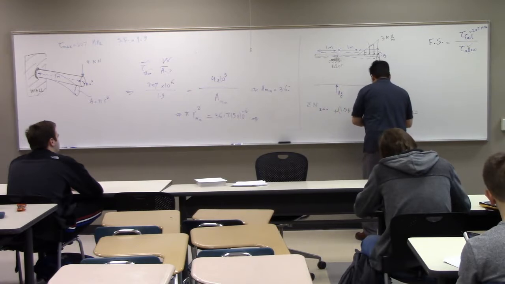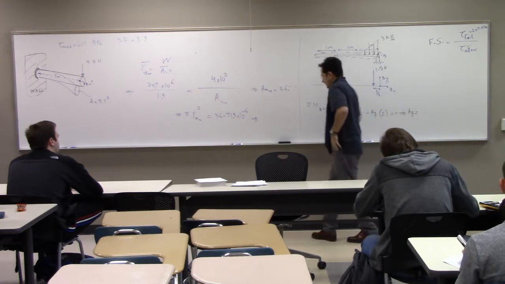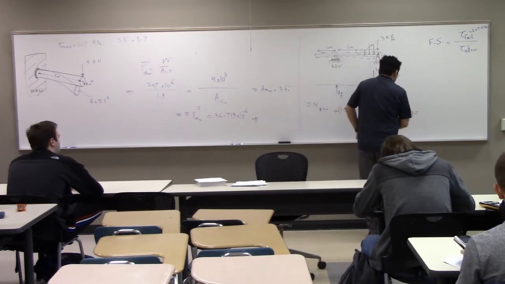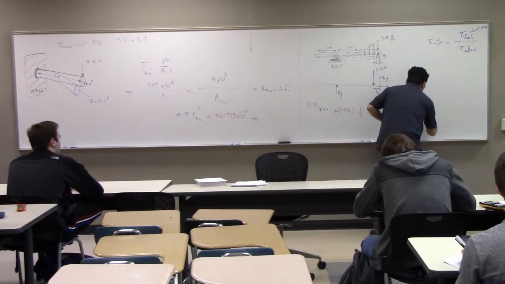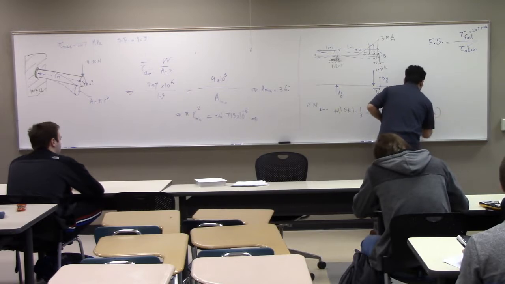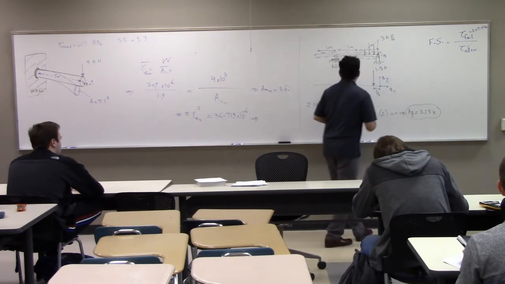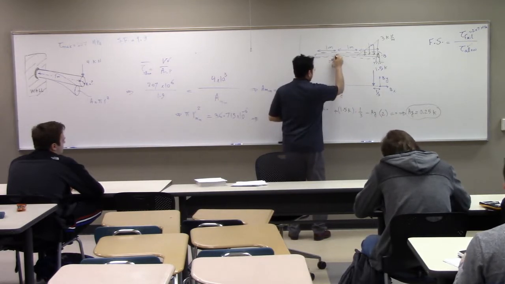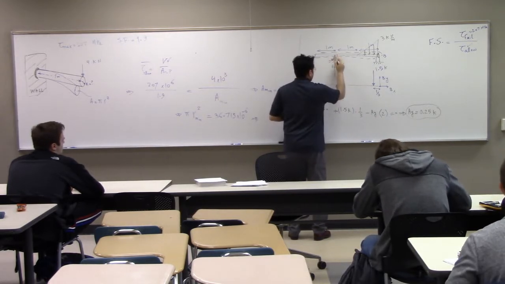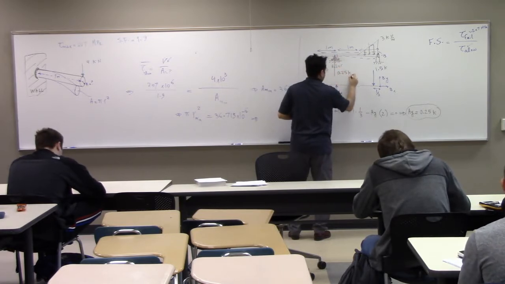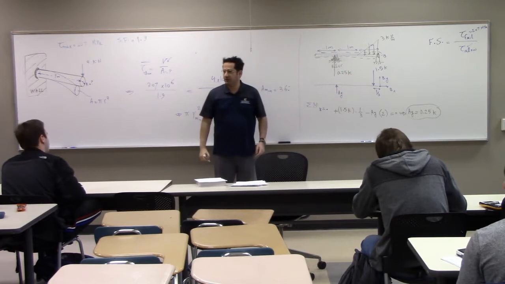AY is equal to 0.25. So here, I just simply put 0.25 K, if that computation is right.